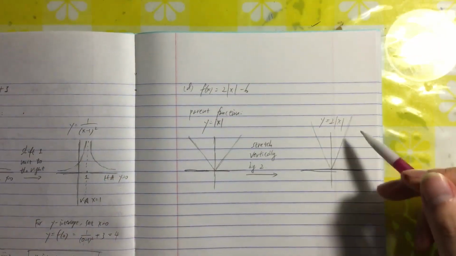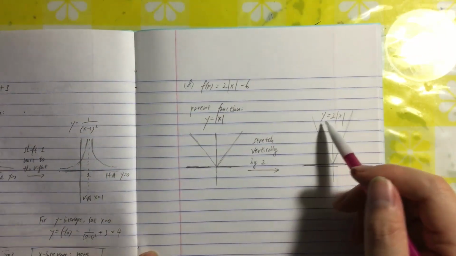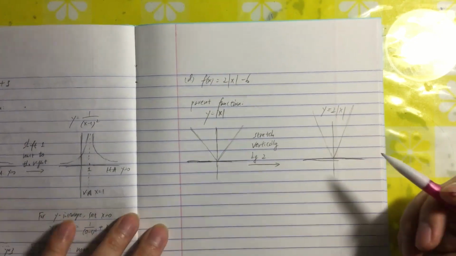If I stretch the graph vertically, the graph looks narrower. So that's the graph y equal to 2 times absolute value of x.